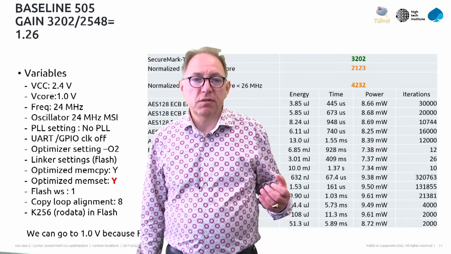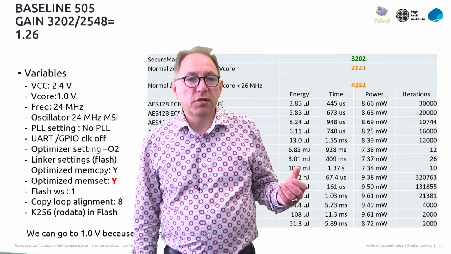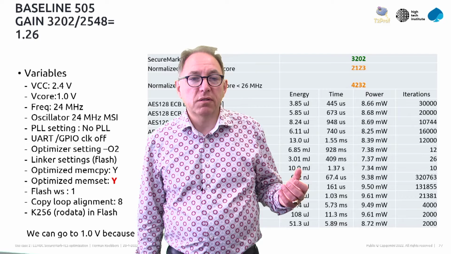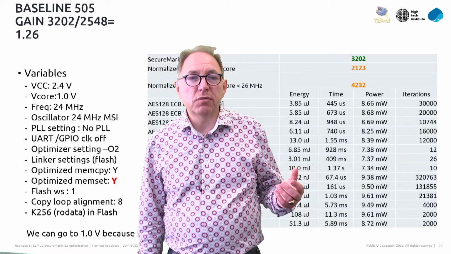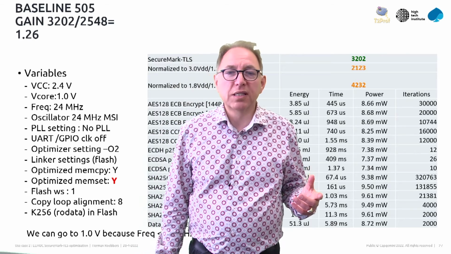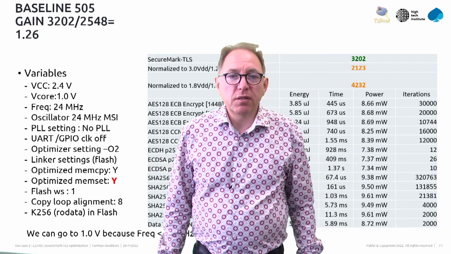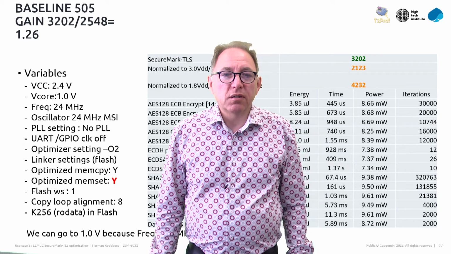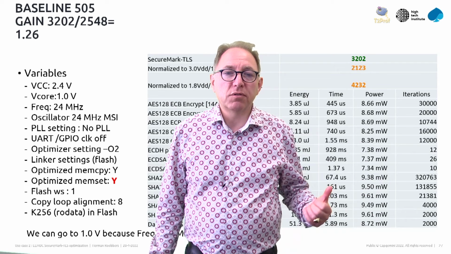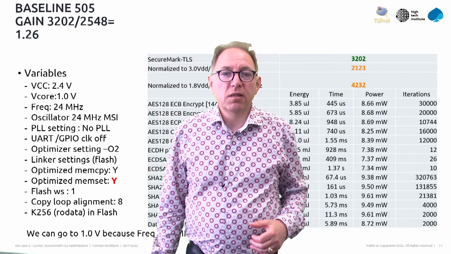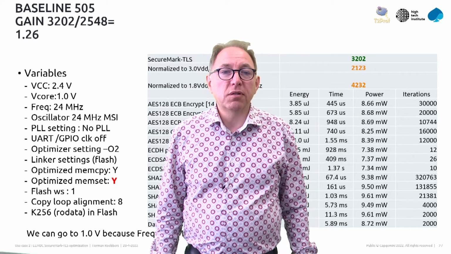Basically, the memset is used to zero initialize parts of memory, and that is quite an impact, changing this piece of code, 26%. And mainly the part there is used by the elliptic curve code, because it allocates and clears memory all the time. And if you optimize that, then that helps enormously.